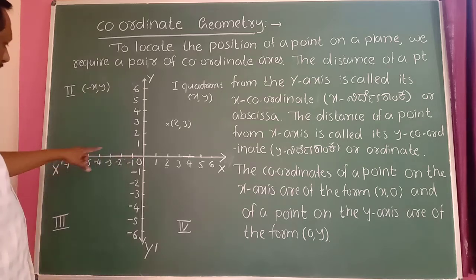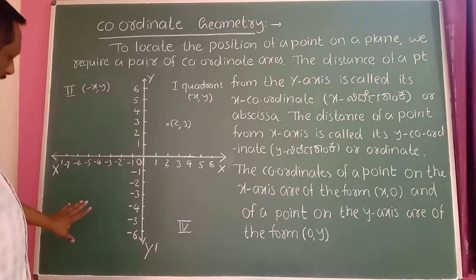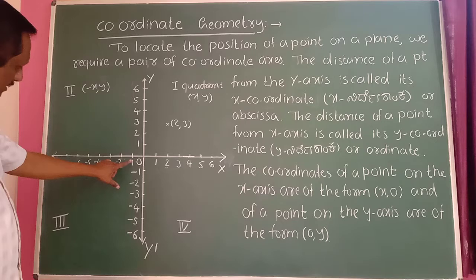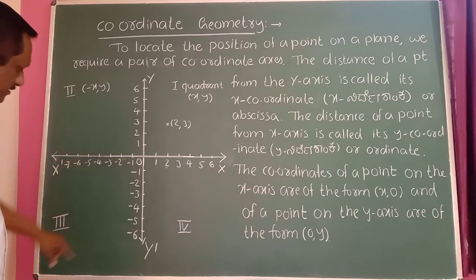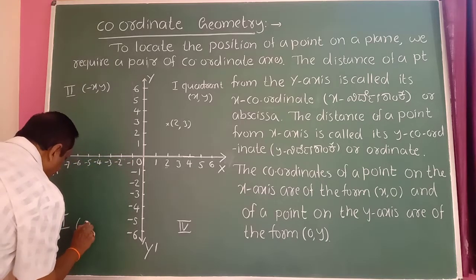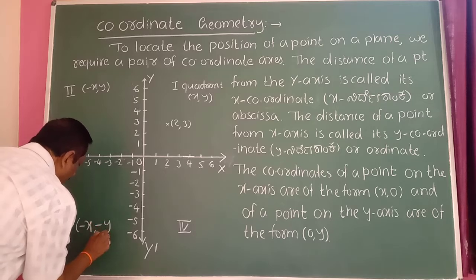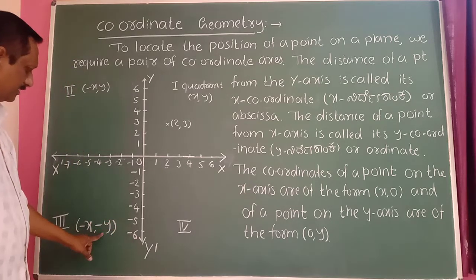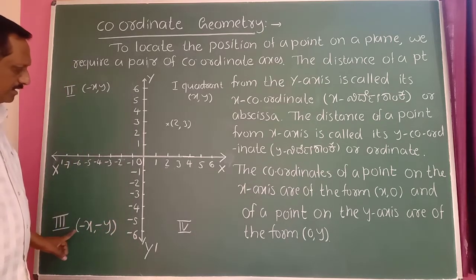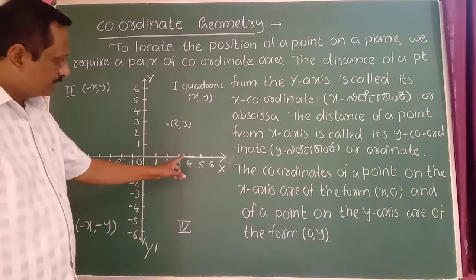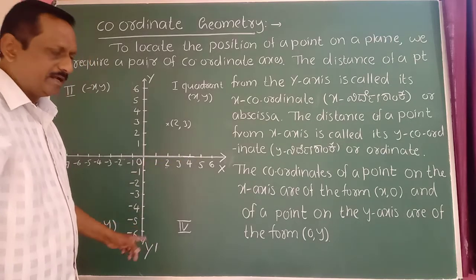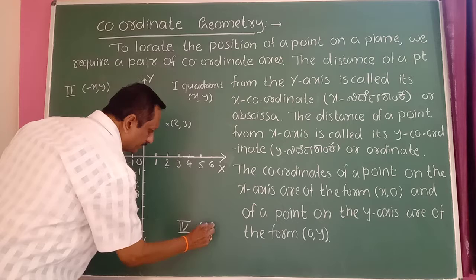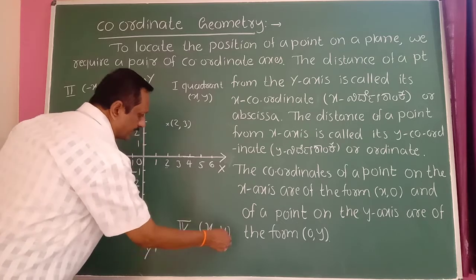In the third quadrant, x is negative and y is also negative, so minus x, minus y. Both are negative. In the fourth quadrant, x is positive and y is negative, so x, minus y.